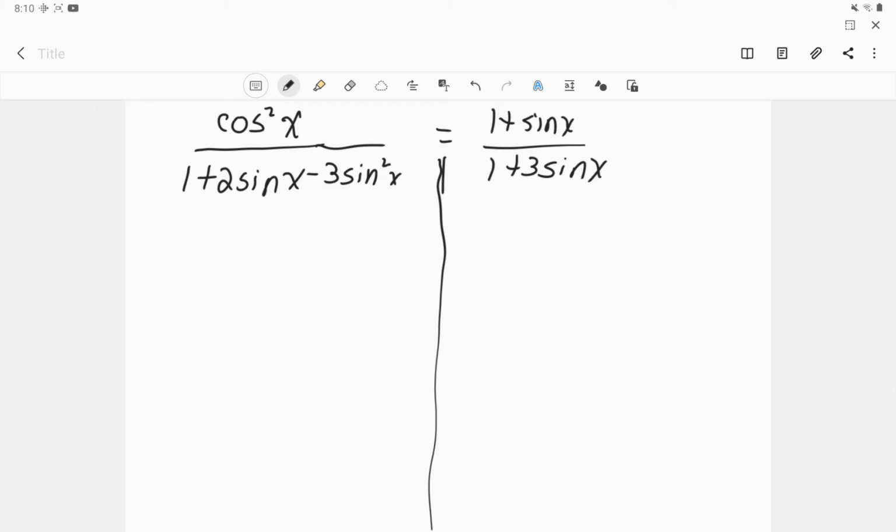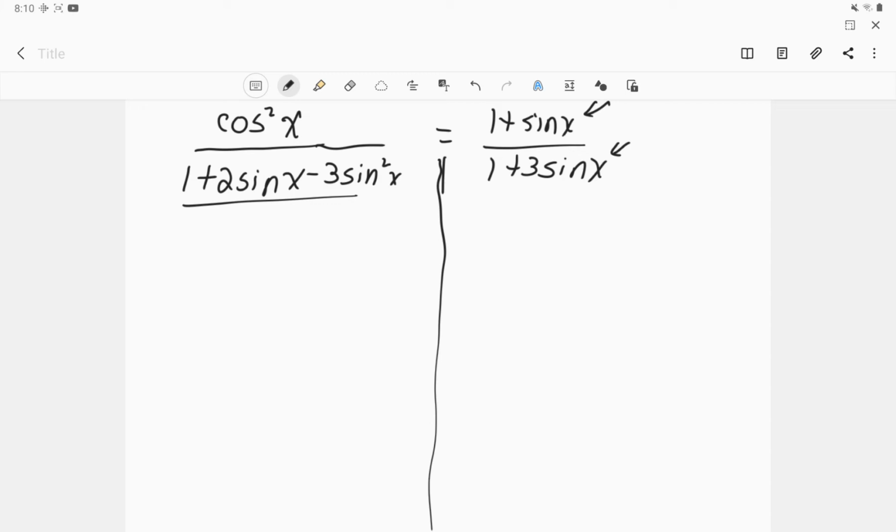So if I were looking at this, some of the things I said were try and get things in terms of sine and cos. Now, one thing I would look at is I have sines here, I have sines here, I have sines here, and I have sines here. And it's like this cos is the odd thing out. So I think I'm going to try and change that in some way.